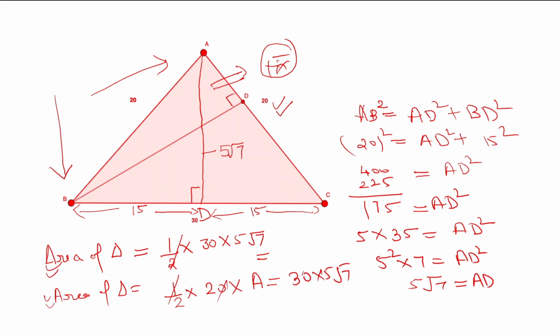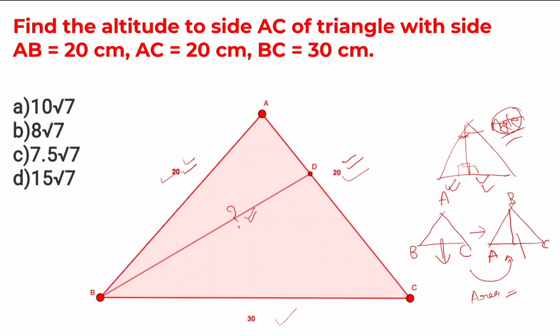So the altitude would be 15 by 2 root 7, which is equal to 7.5 root 7. My approach is that the area would always be constant, no matter which side you are viewing from. Let's check if this is the answer. Yeah, this is the answer given.